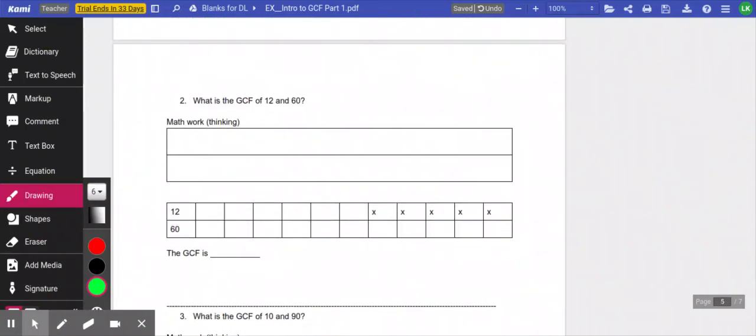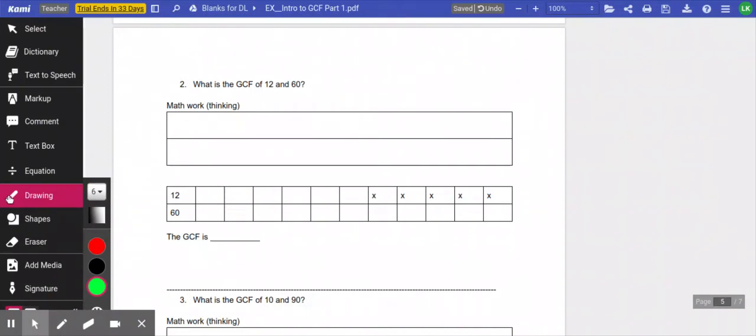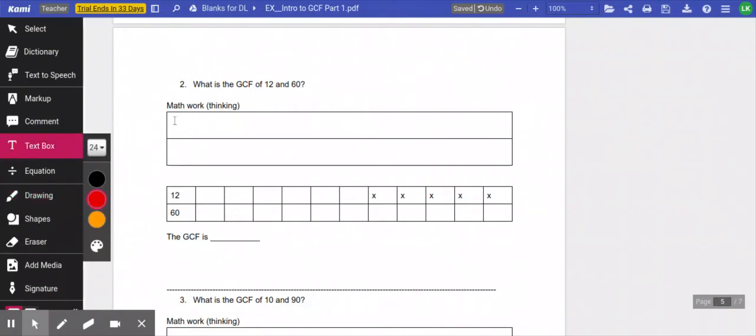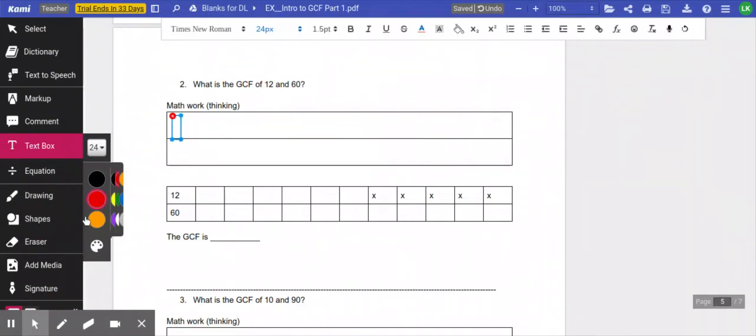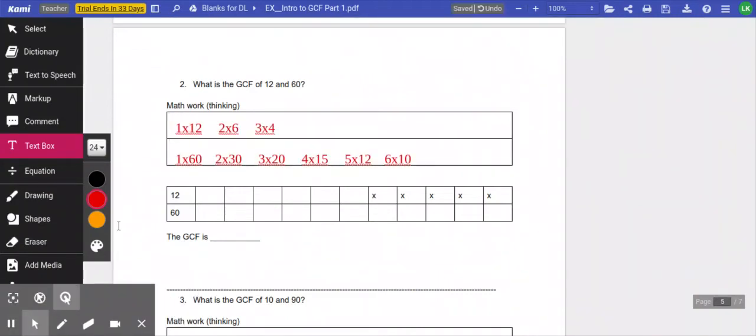Let's do one more together, and then I'm going to have you guys try. So again, let's do the same thing here. I want you to look at your multiplication chart or use your math facts and write down all the ways to get 12. Pause the video and then check to see if you got them all. All right, great job.